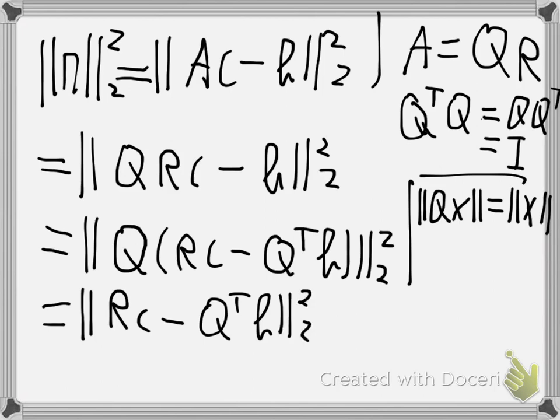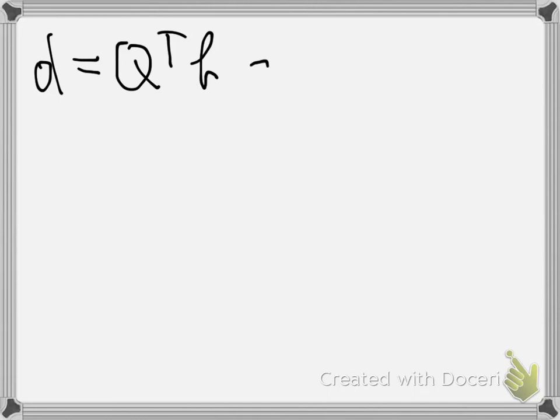Now we can define D to be equal to Q transpose B, and we can also define it to be equal to the vector composed of D0 and D1.